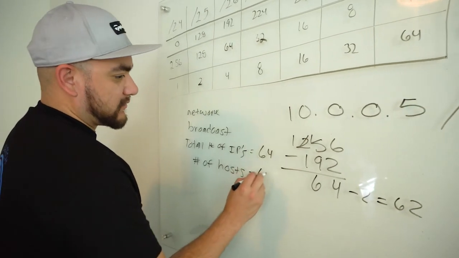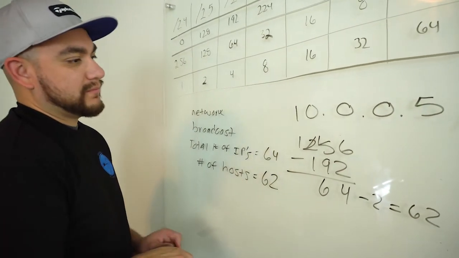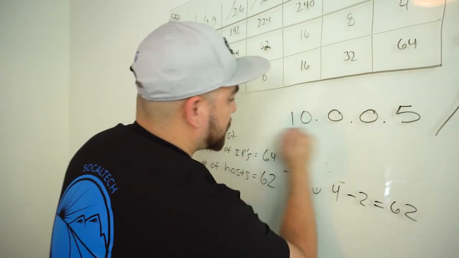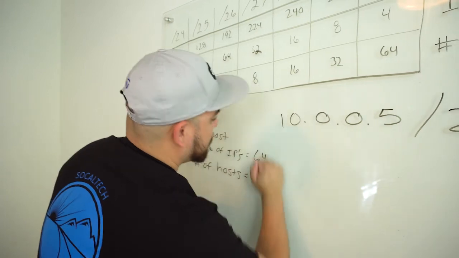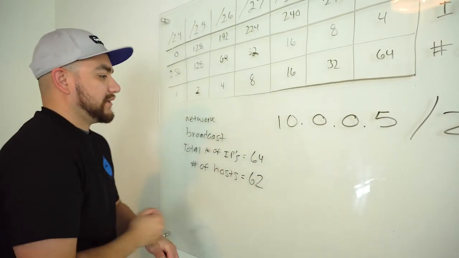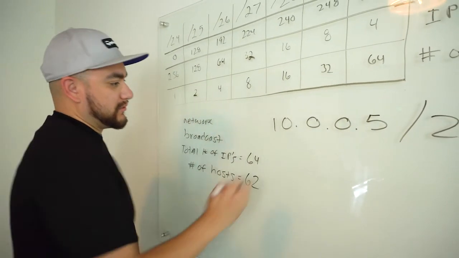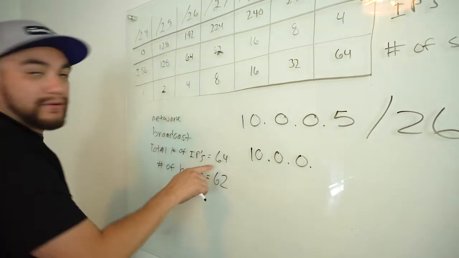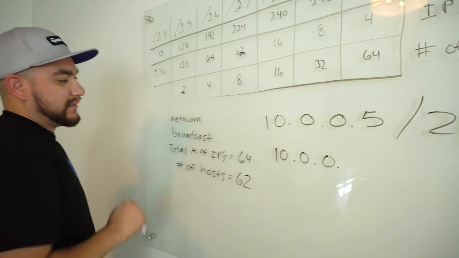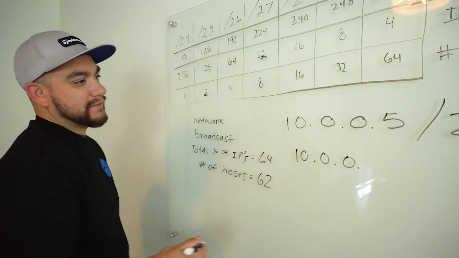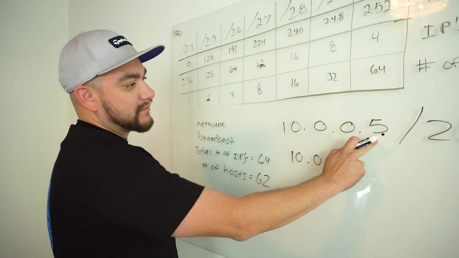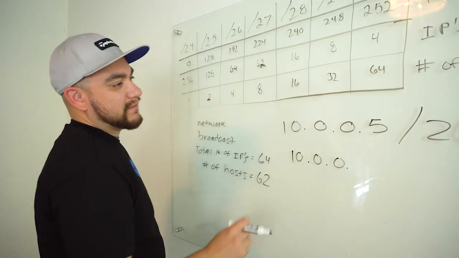Total number of hosts is 62. Alright. Now we have this information. The rest is very easy. Okay. We just go 10.0.0. We know that we're dealing with 64 IPs here, and the broadcast and network address for this particular subnet.